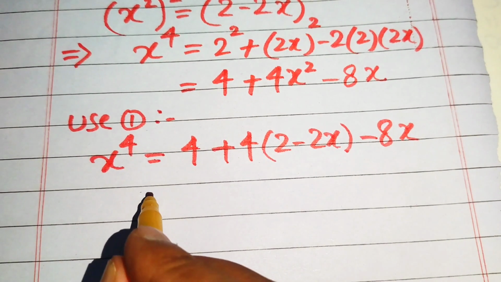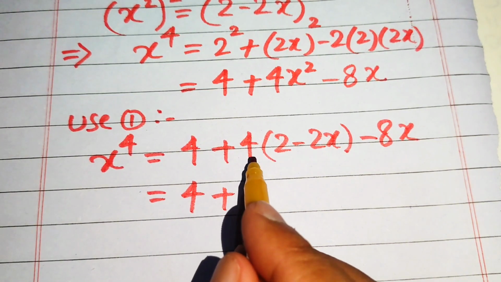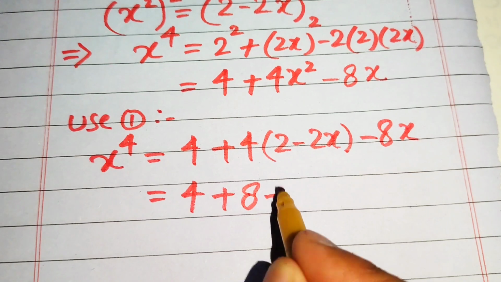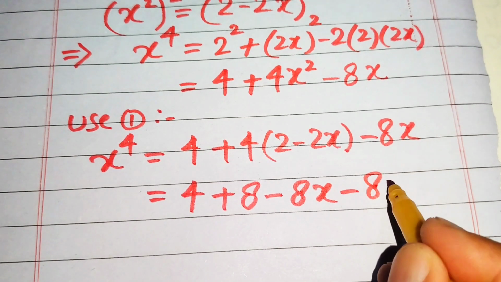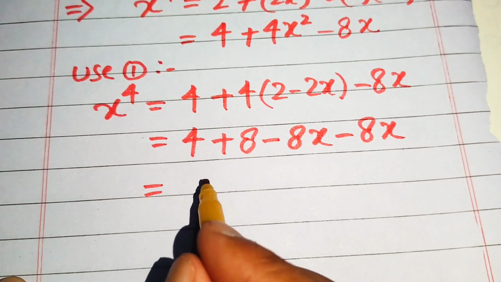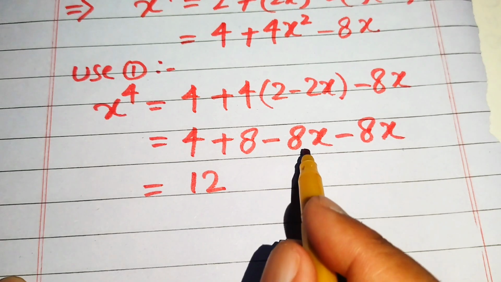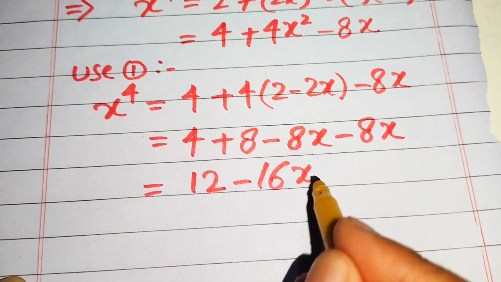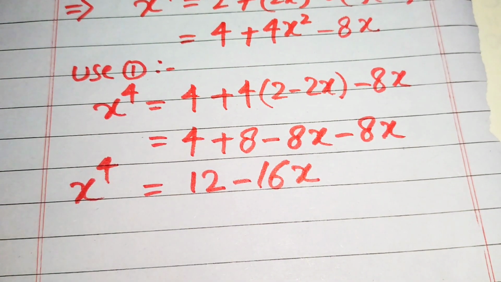So further we need some simplification, and we write it as 4 plus we multiply this 4 on both of these terms, so 4 times 2 is 8 minus 4 times 2x is 8x, and this is also minus 8x. And now in the next step, 4 plus 8 becomes 12, and minus 8 minus 8 equals minus 16x. So this is the value of x to the power of 4.